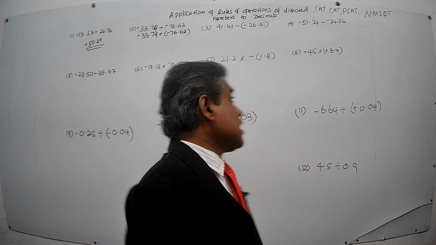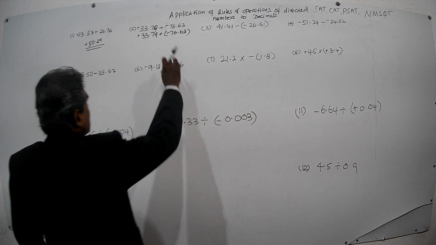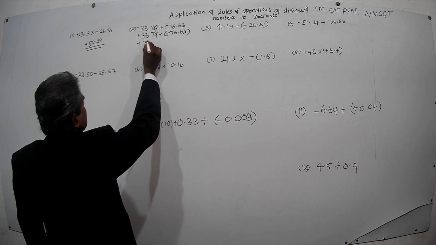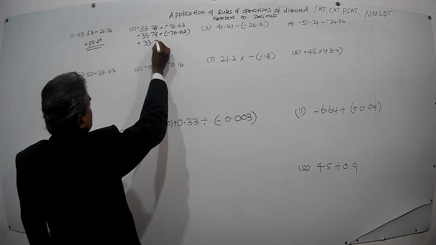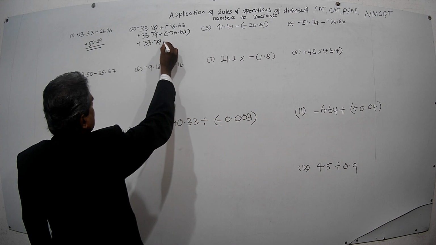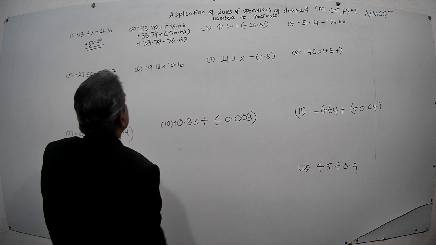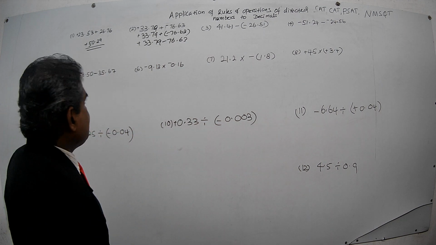We learn this. Then apply that, and here the bracket means multiplication. Plus into minus is minus. You put it like this here, 33.79. Then plus into minus, minus 76.63.